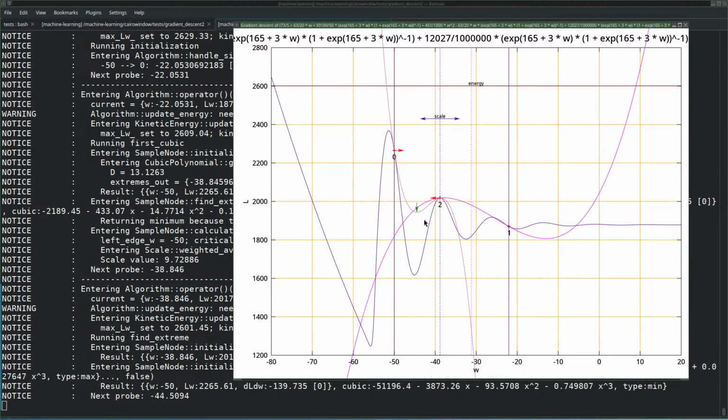So I want to have the smallest sum of the distance to both points for both cubics, which means, yeah, okay.